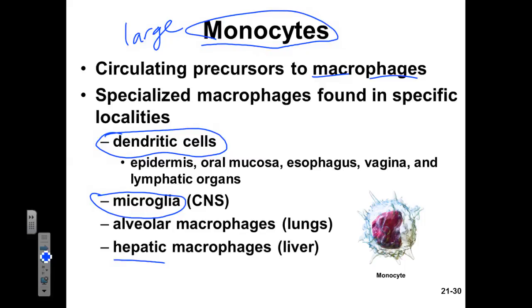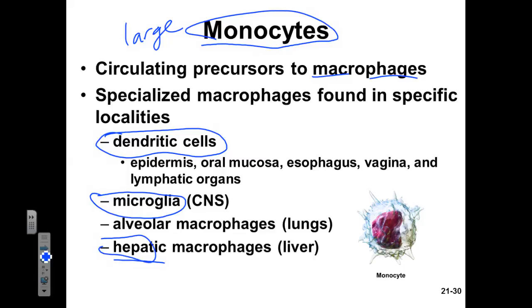And this name right here is the new school name on the block. The old school name was Kupffer cells. I can't even pronounce it. It's an old German name. Hepatic macrophage is a much more intuitive name because hepat- is a prefix for liver.